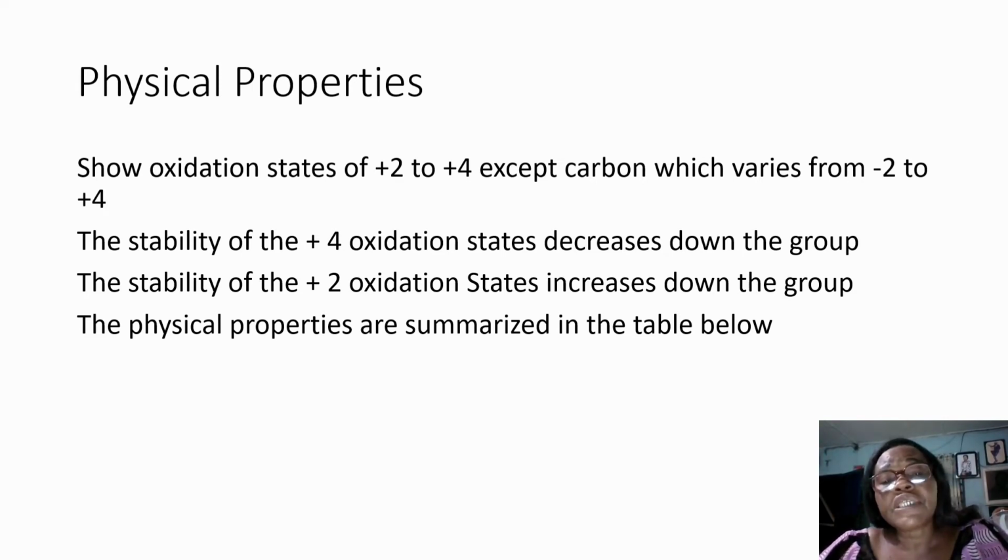The stability of the +4 oxidation state decreases down the group, while the stability of the +2 oxidation state increases down the group. What does that mean? It means that lead 2 is more stable than tin 2. Tin 2 is more stable than germanium 2. Germanium 2 is more stable than carbon 2. So the physical properties of these group 4 elements are summarized in the table below. See the table.